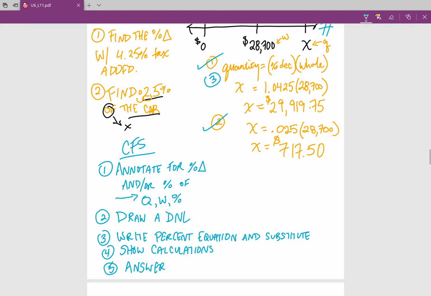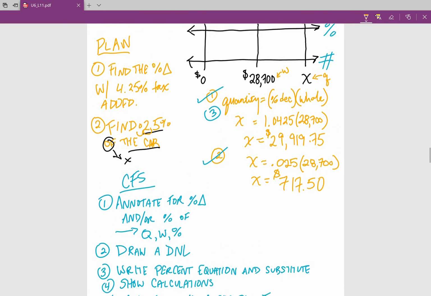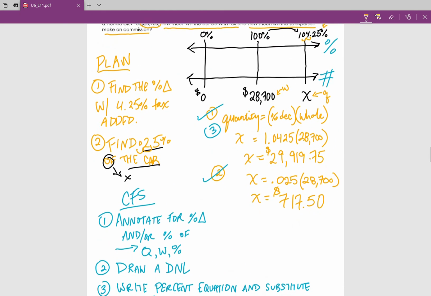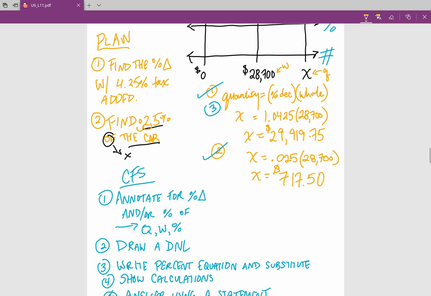Answer using a statement. So we actually didn't do that. Let's go back really quickly. So it says, how much will the car be with tax? The car will be $29,919.75 with tax.